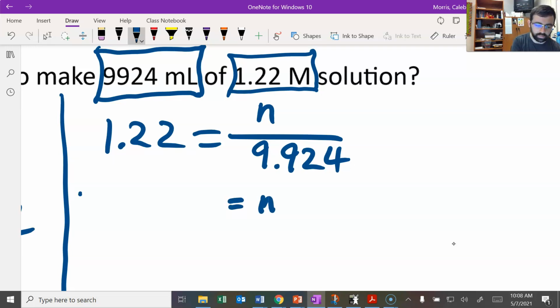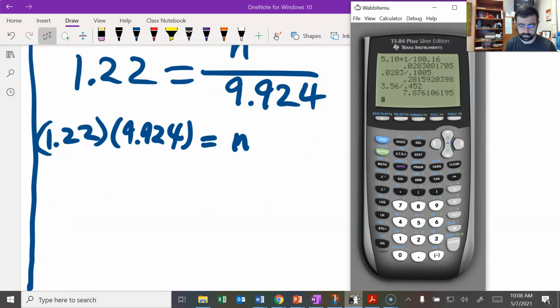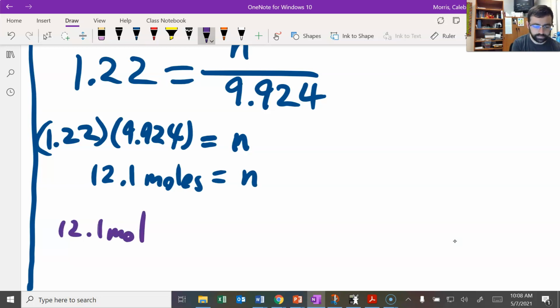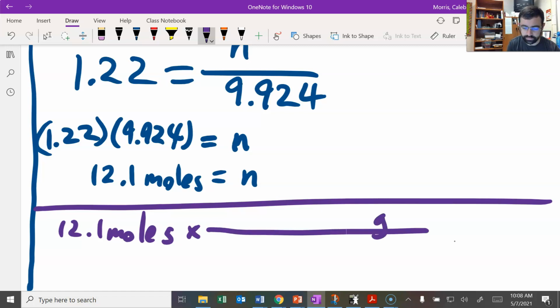N equals 1.22 times 9.924. You get 12.1 moles. Remember that I'm actually not looking for moles. So this is our next part. 12.1 moles. I need to convert that to grams.